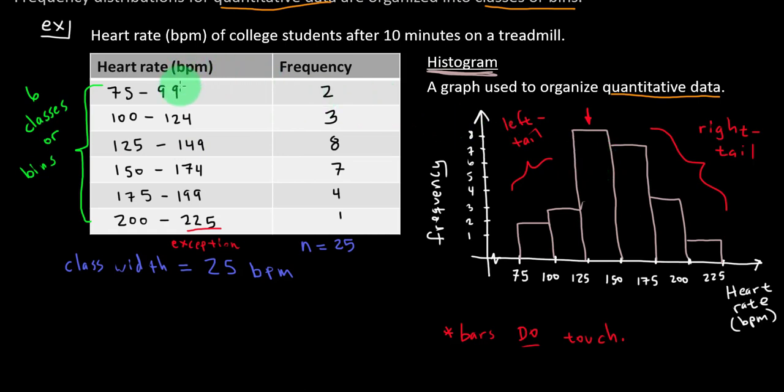I mentioned earlier that we could have used fewer classes, maybe only 5 classes. That would have resulted most likely in a wider class width. I chose 6 sort of arbitrarily, but I did like the way it worked out with having these nice class boundaries, 75, 100, 125.